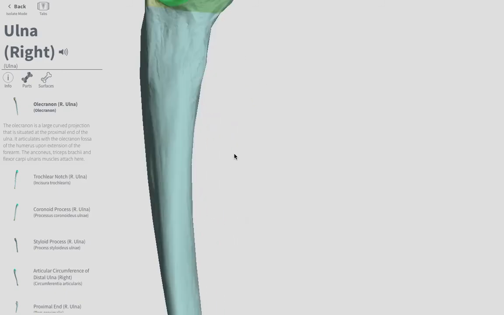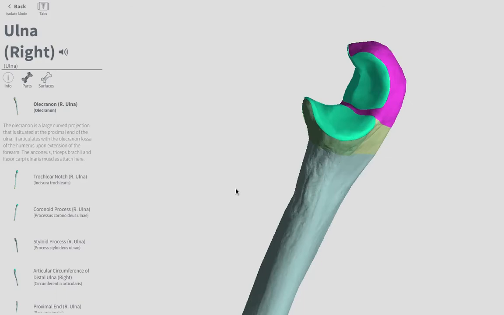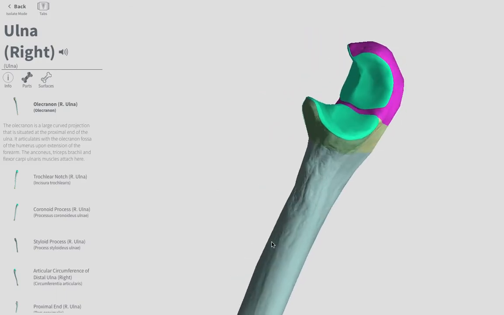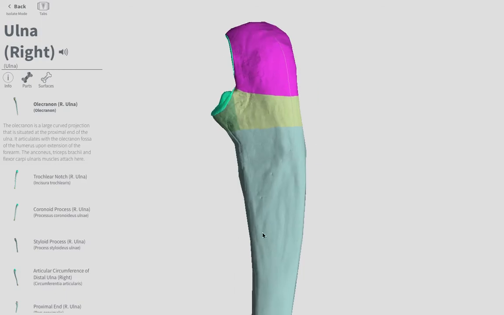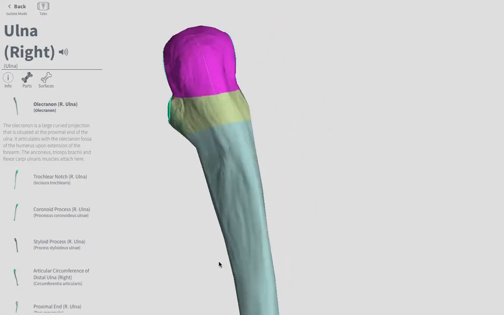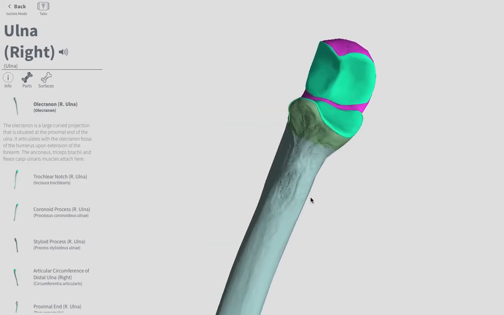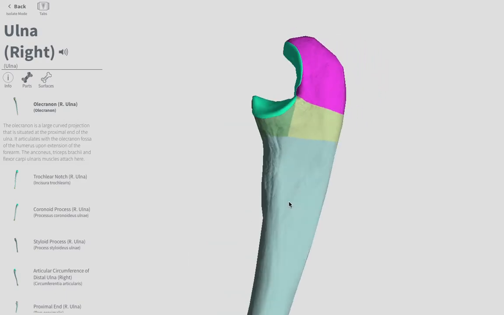It's going to be this really cool looking head right there. So that in magenta is the olecranon process of the ulna.